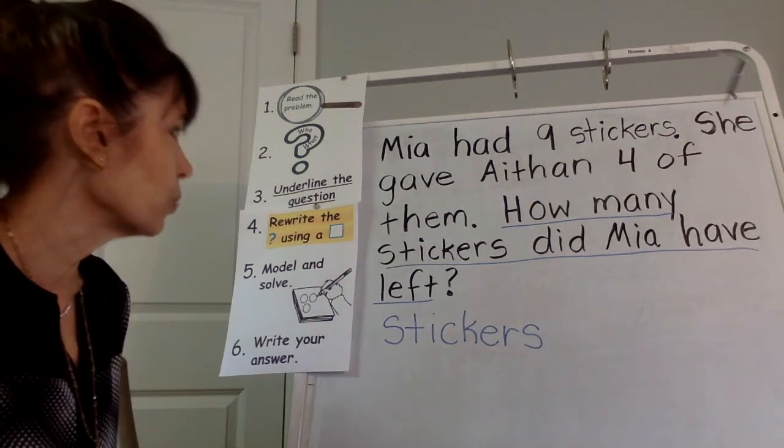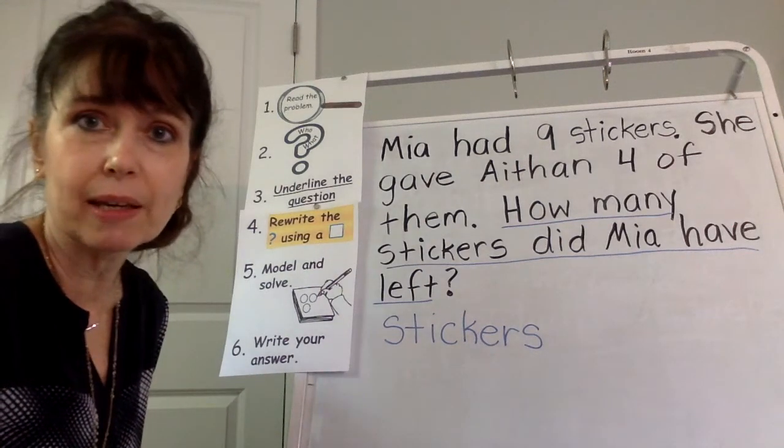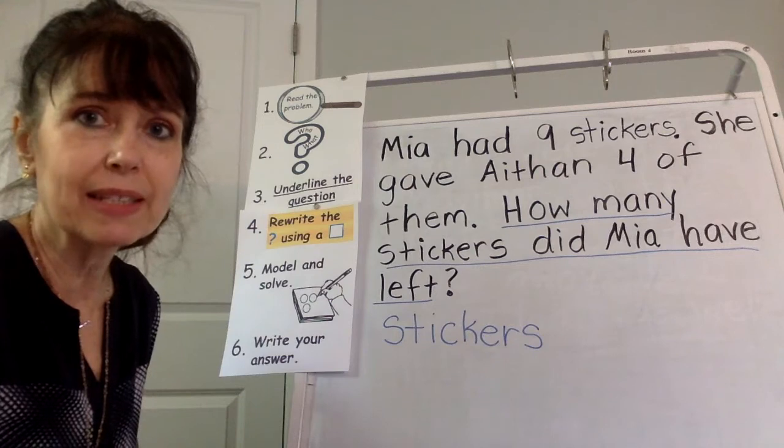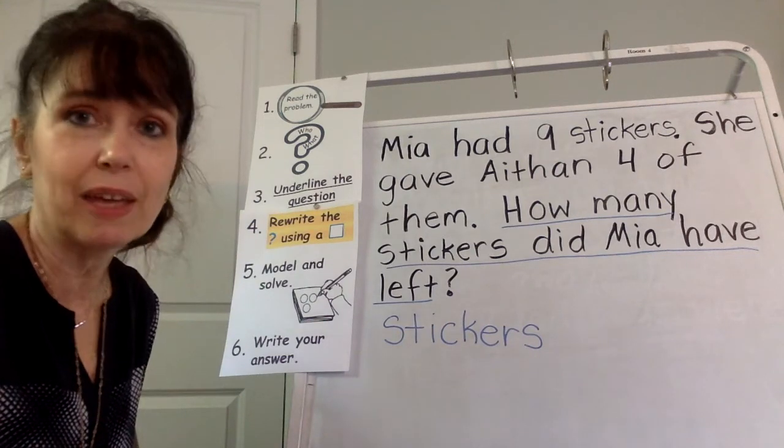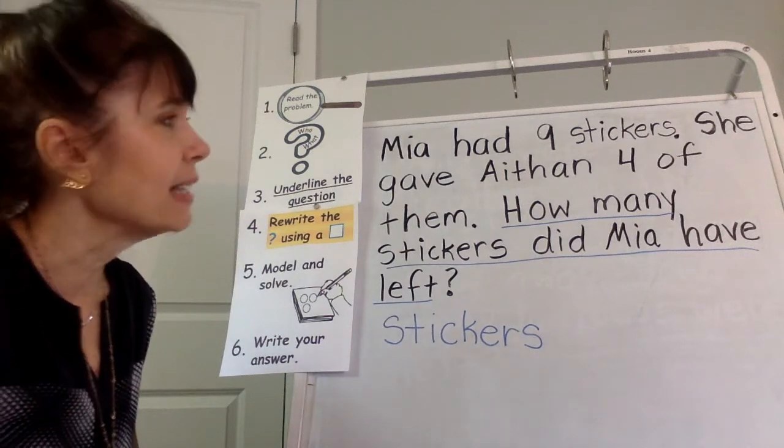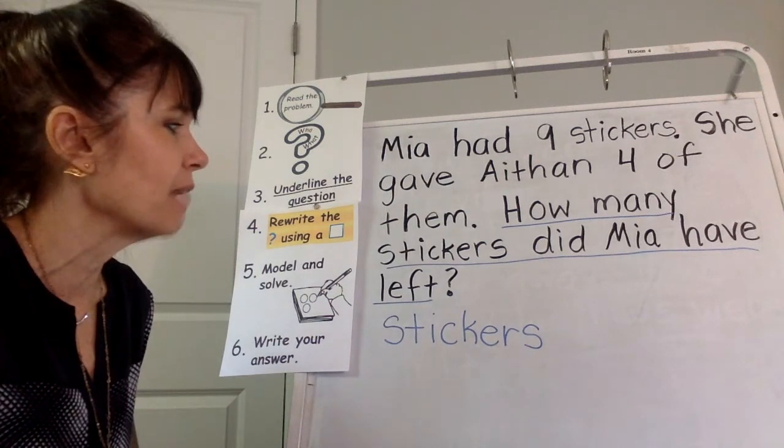Number 4 says, rewrite the question using a blank. Now this is the part that's kind of tricky, and again, if your mom and dad need to help you with that, that's okay. So we're going to go back. It says, how many stickers did Mia have left?